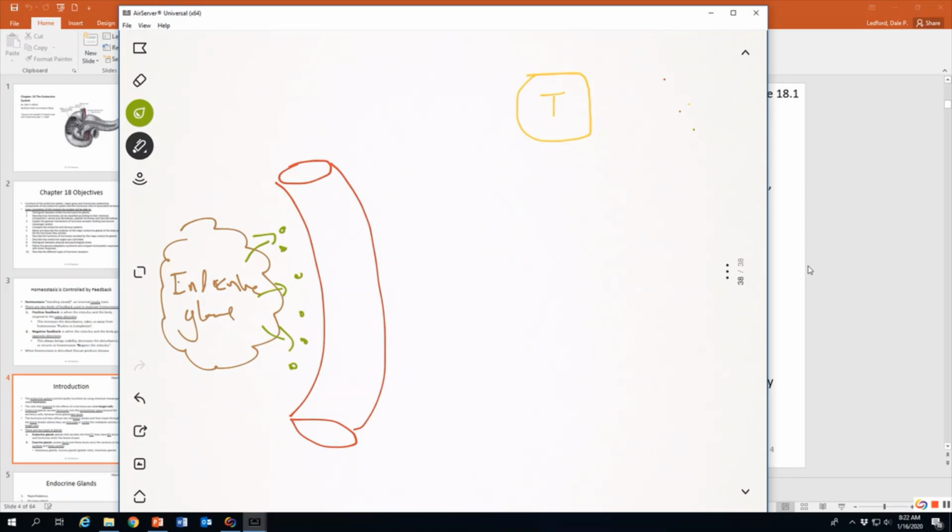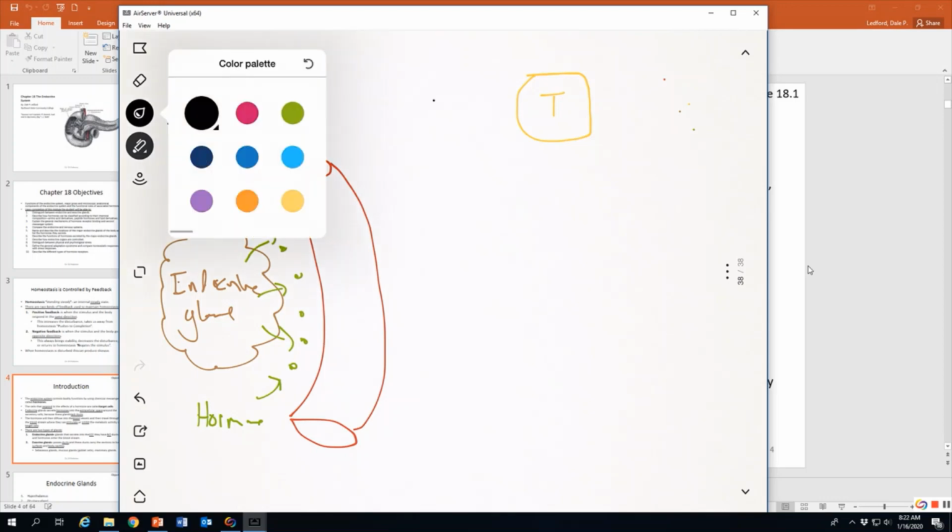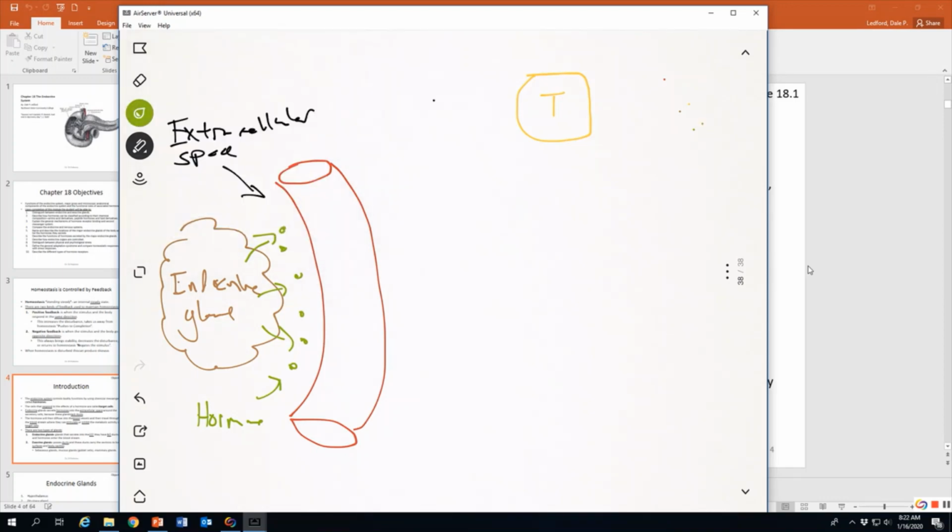So as it releases that hormone, it releases it into an area called the extracellular space. Those hormones enter that area here, and as they enter the extracellular space, they can then diffuse into the bloodstream.